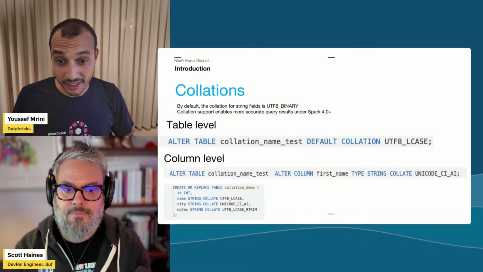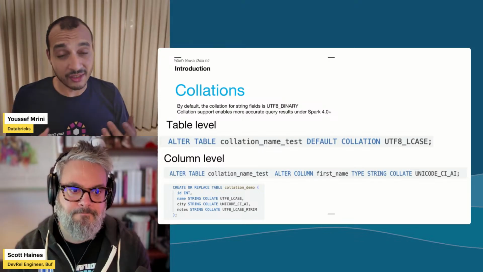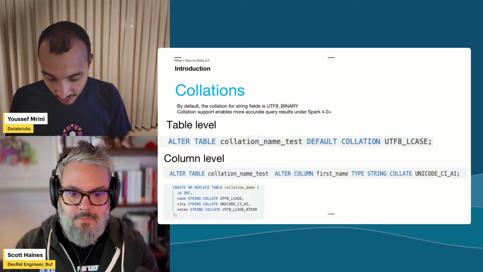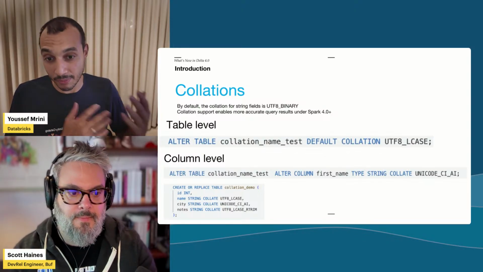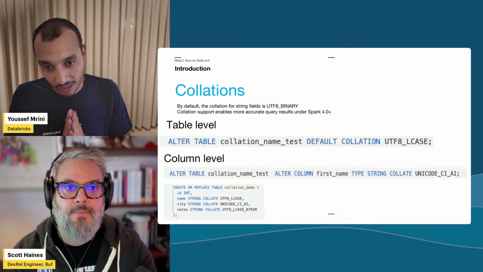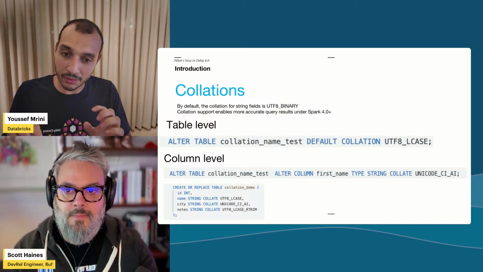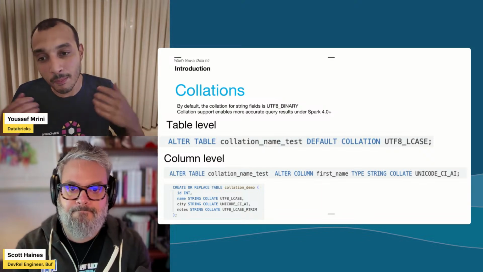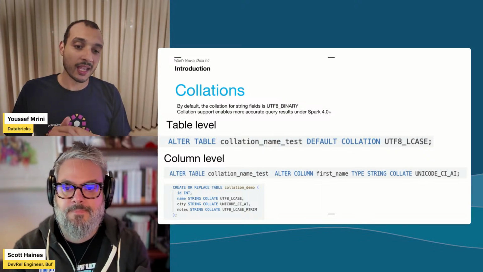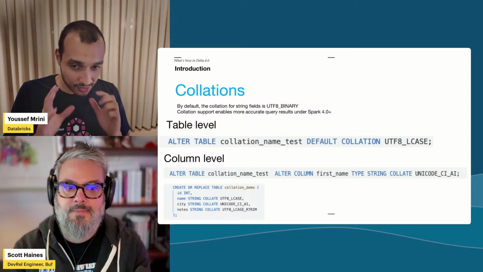And how can I enable collations? As you need to know, by default, when you create a Delta table, it's UTF-8 binary. My recommendation, and this is important, is to make sure to use it with Spark 4 plus, because it will have more accuracy. And trust me, this feature is amazing. Why?